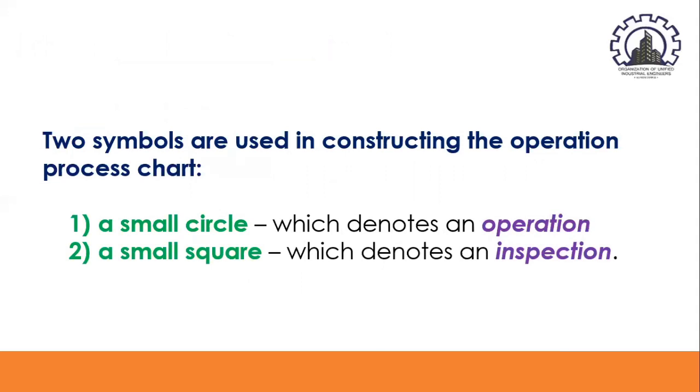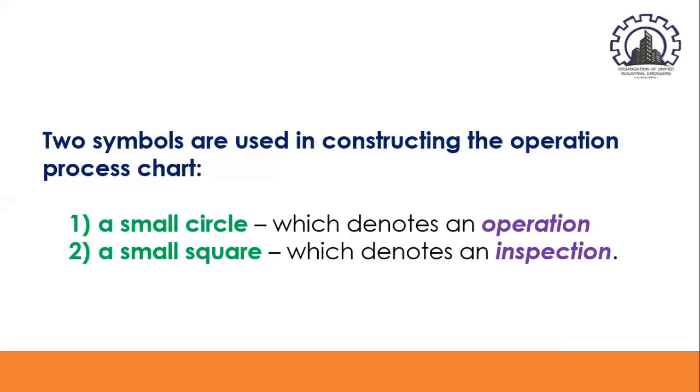A small circle denotes an operation, and a small square denotes an inspection. So for the small circle, an operation takes place when a part being studied is intentionally transformed, or when it is being studied or planned prior to productive work being performed on it.